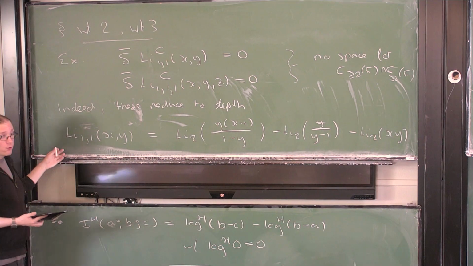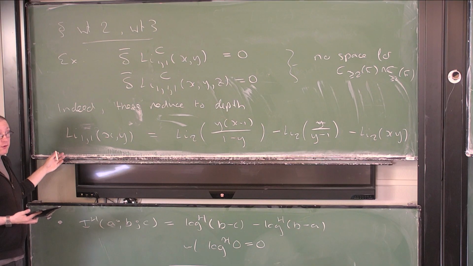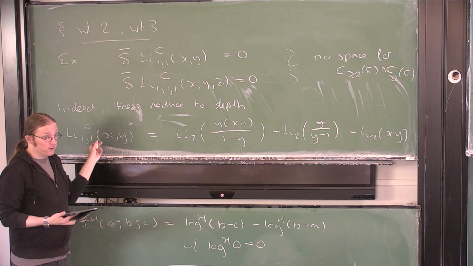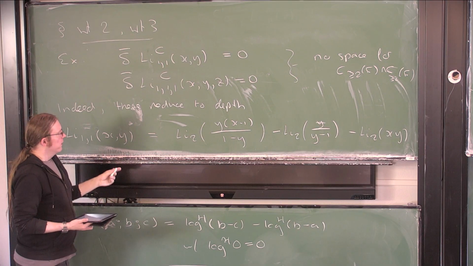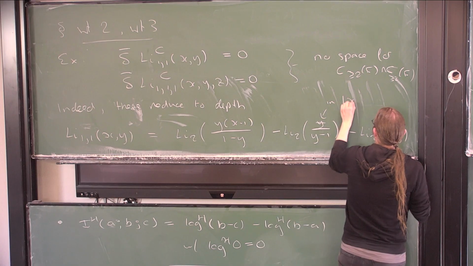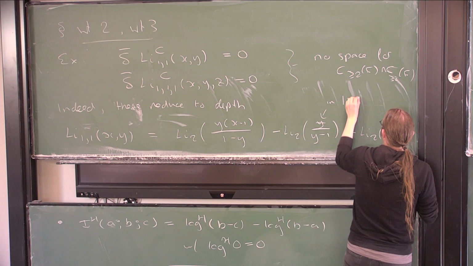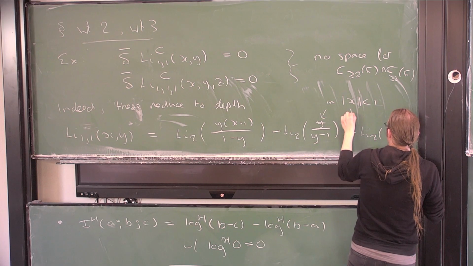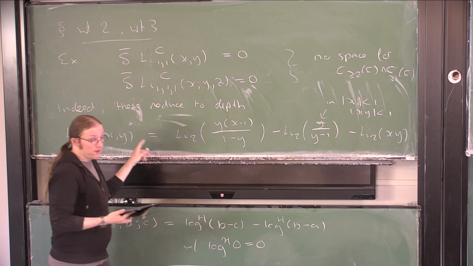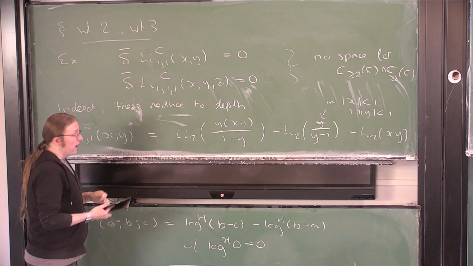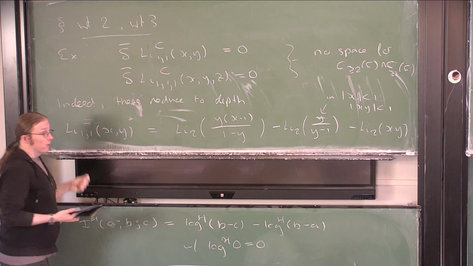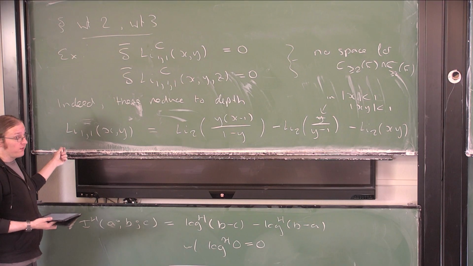So I'm saying this even holds true as power series. You can check using the series definition from earlier that this is an equality of Taylor series in the region |x|, |y| less than 1, xy less than 1. So in that region, this is just an equality of Taylor series. And then you can check it even works on the motivic level.